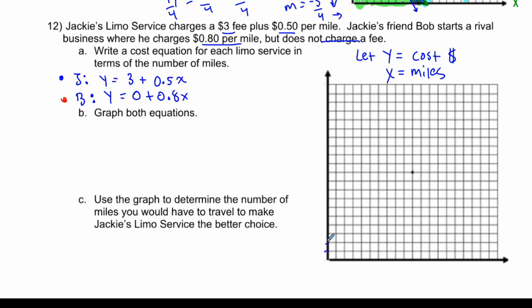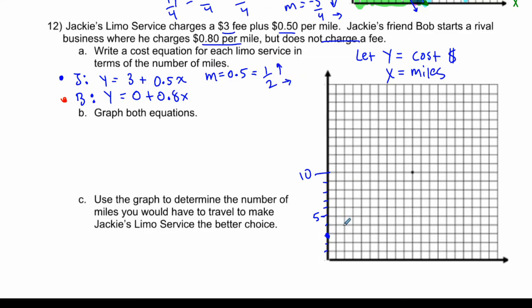So we'll graph Jackie in blue, and we'll do Bob in red. So Jackie, 3 plus 0.5x. What is 0.5 as a fraction? It's 1/2. So up 1, right 2.